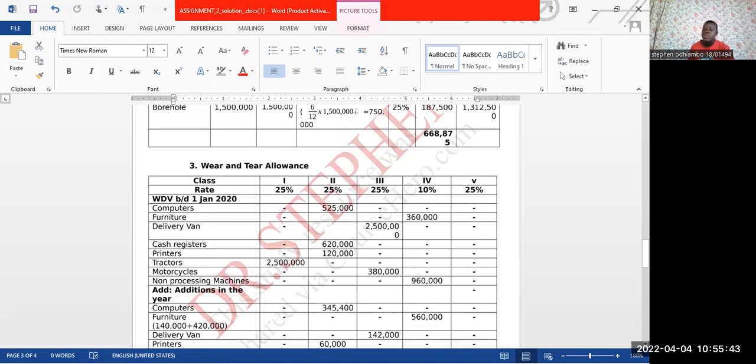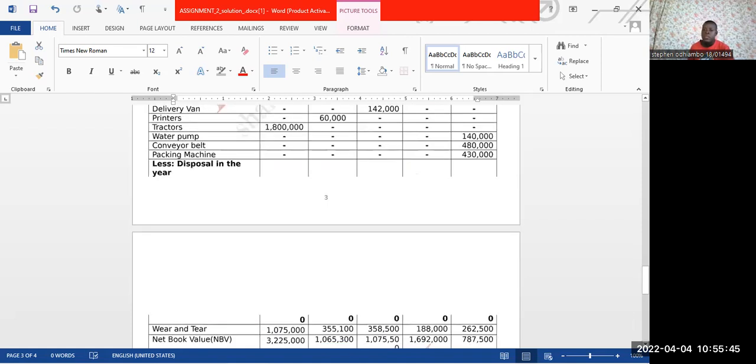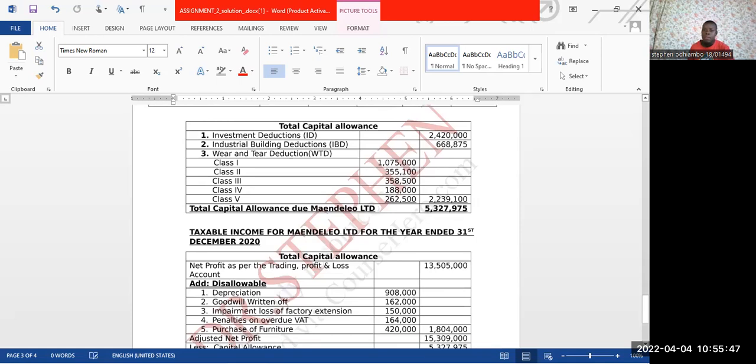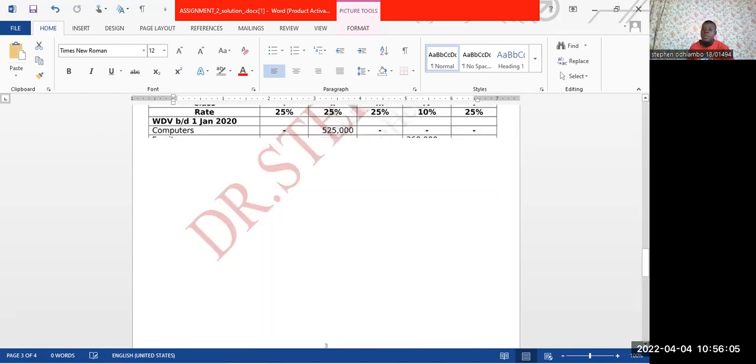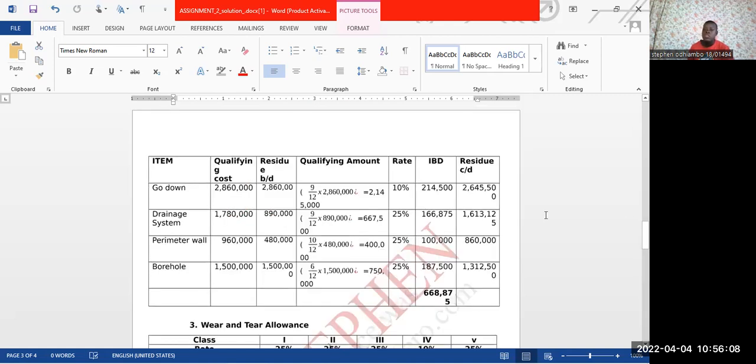So you're supposed to be getting 25% of this amount, which you're supposed to be lessing from all the working down value, the disposals, and the additions.